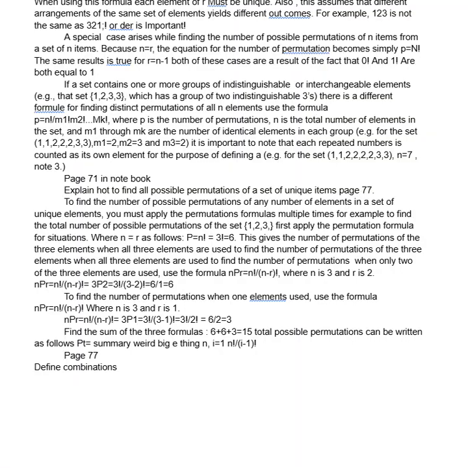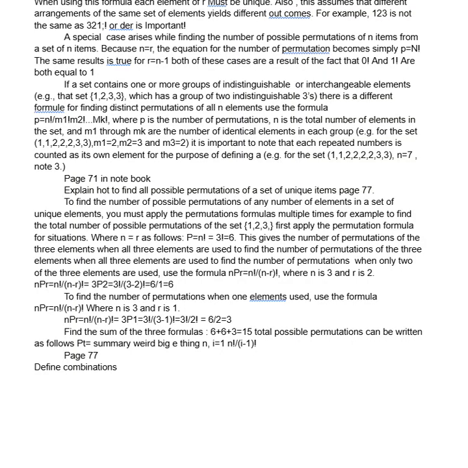Explain how to find all possible permutations of a set of unique items. Page 77. To find the number of possible permutations of any number of elements in a set of unique elements, you must apply the permutation formula multiple times.